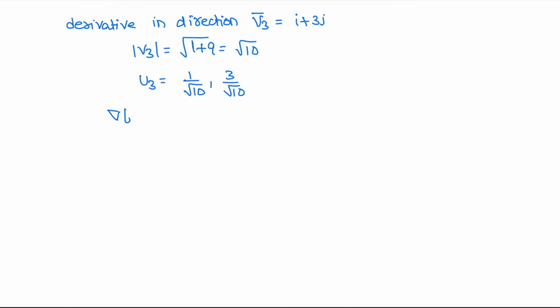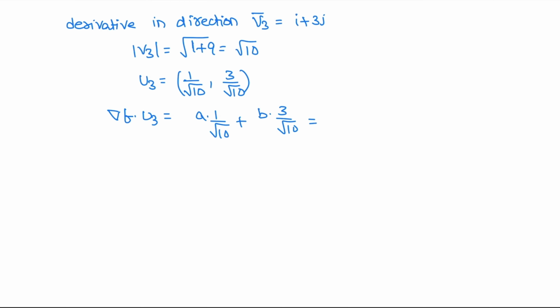Now delta f dot u3 is a into 1 by root 10 plus b into 3 by root 10, where u3 is the unit vector for the vector v3.